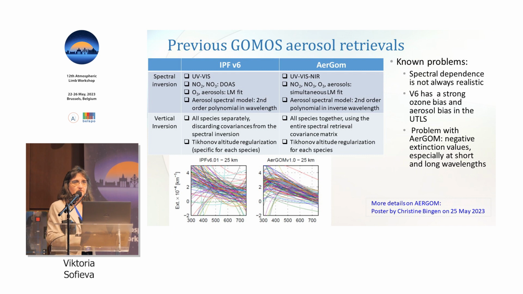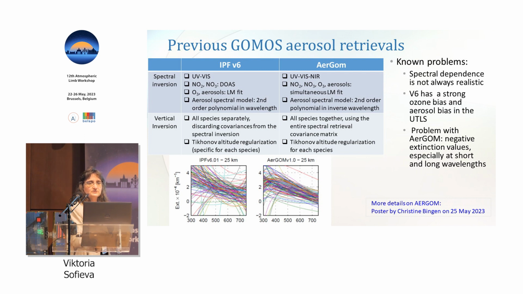For basic retrievals, we need to assume something about the aerosol spectral dependence. There are two main previous retrievals. One is the official IPF version 6, and the second is the advanced aerosol-focused retrieval AerGOM. Both are two-step retrievals, performed for each occultation separately.